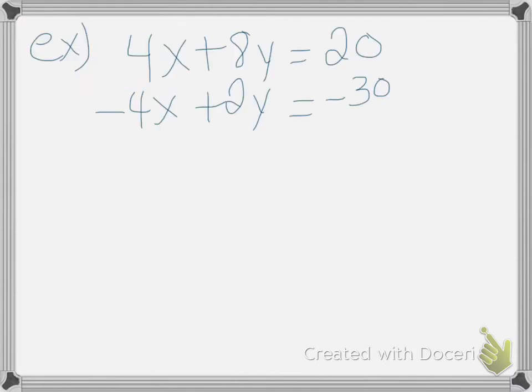Let's take a look at this example: 4x plus 8y equals 20 and negative 4x plus 2y equals negative 30. Before I show you where the matrix is on the calculator, I want to show you something. These equations are both in standard form.